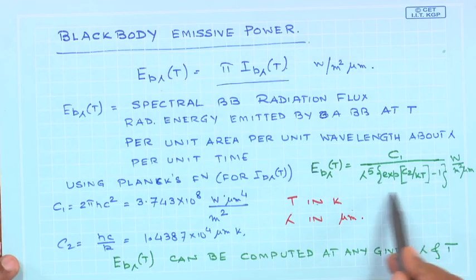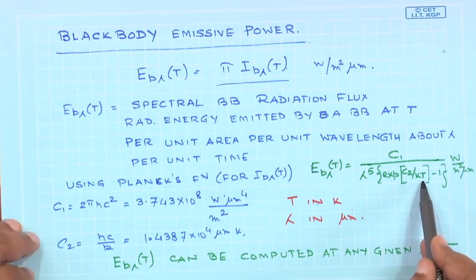So, keeping the temperature constant, I can compute the variation of E b lambda T with lambda, and then I can choose another value of temperature and again compute the same variation. So, I get a series of curves at different values of temperature, which shows the variation of the blackbody radiation flux as a function of wavelength, given by the expression shown over here.